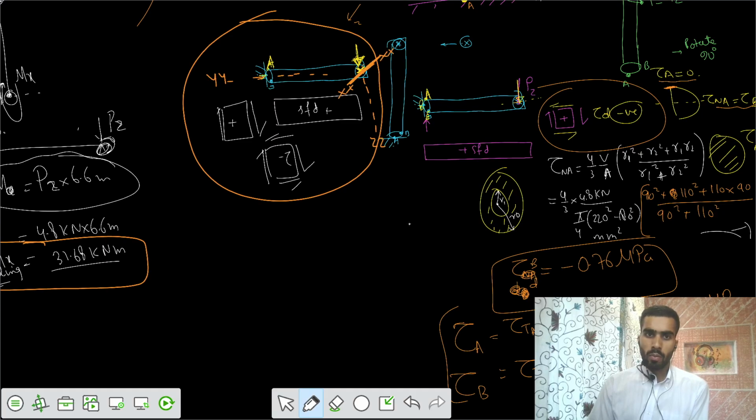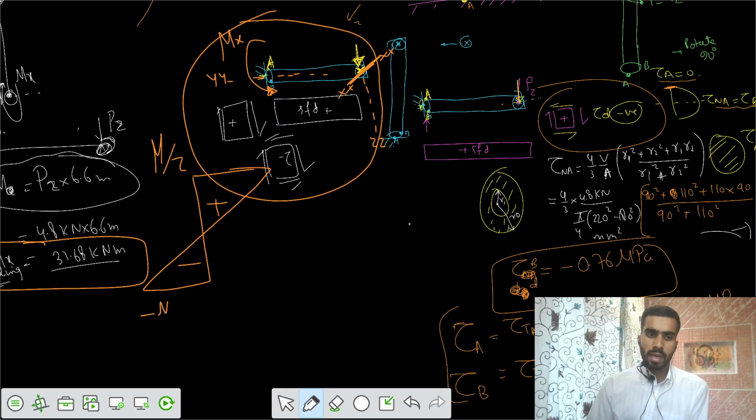So a moment gets developed about the x-axis, and there is an anti-clockwise moment. So top would be having tensile, bottom compression. So this is positive and negative. So top is having M by Z, and bottom is having minus M by Z.